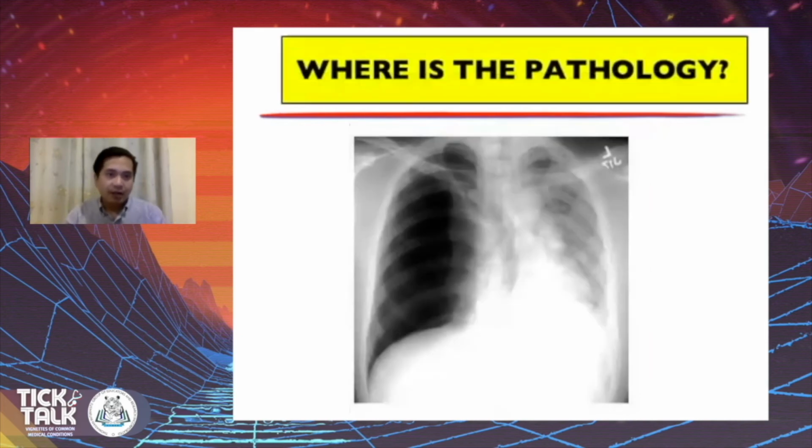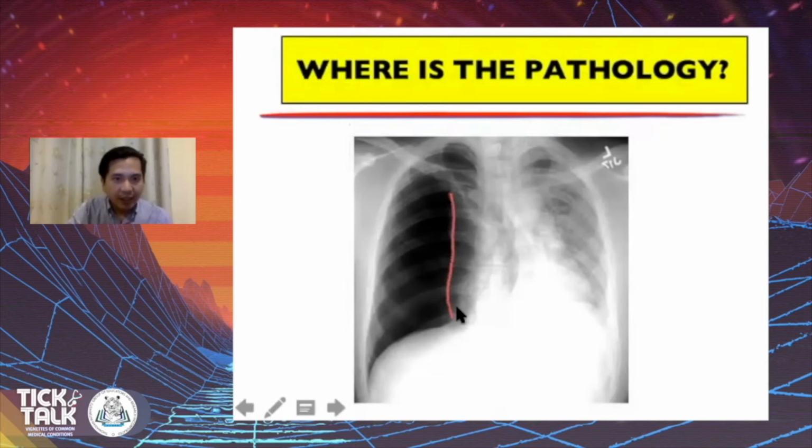Where's the pathology? This film shows narrowing of the intercostal spaces on the left and widening on the right. While initially we may think that the pathology is on the left, although we do not see any atelectasis causing the narrowing, if we look carefully, we will see the visible visceral pleural line on the right.